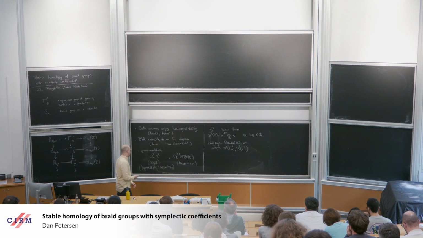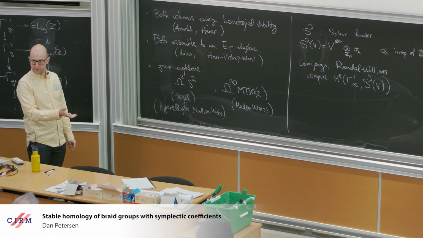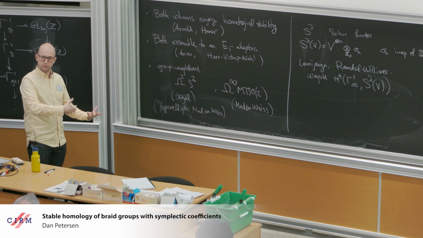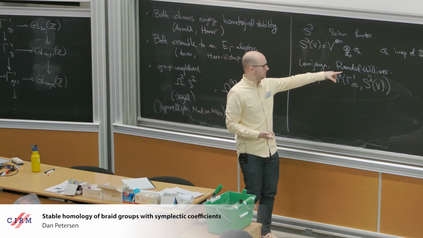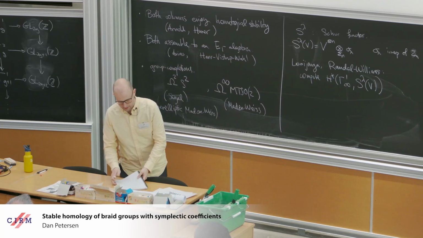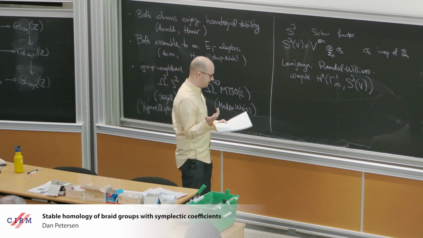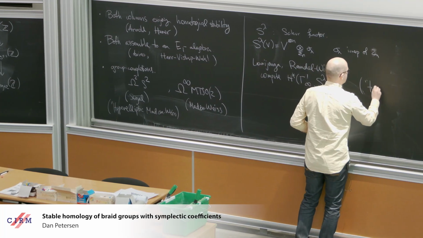And Looijenga did this before the Mumford conjecture was proven, but he did it assuming the Mumford conjecture. And then Randal-Williams gave a different proof, which is somehow cleaner, and it's the proof that we're going to adapt. And you could call this the twisted Mumford conjecture if you want.